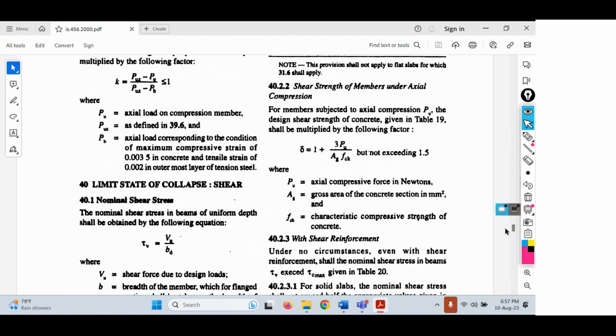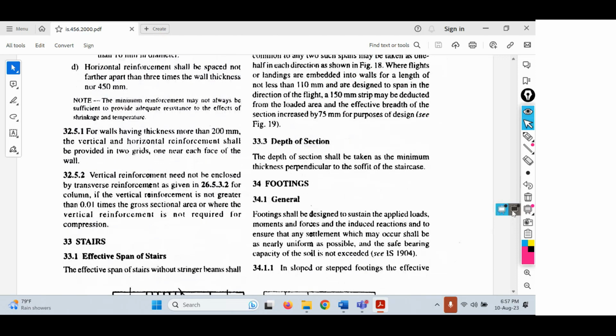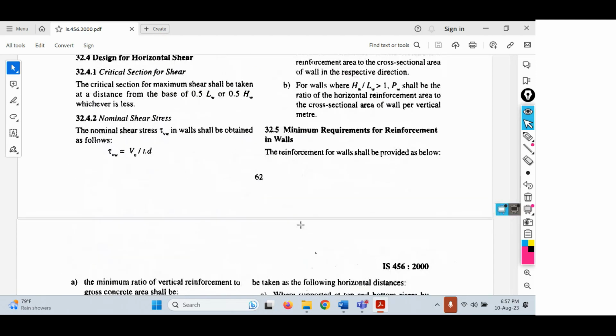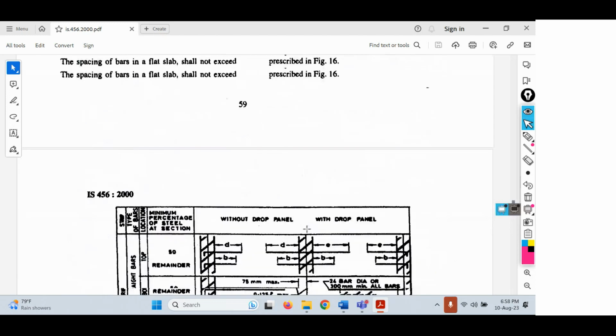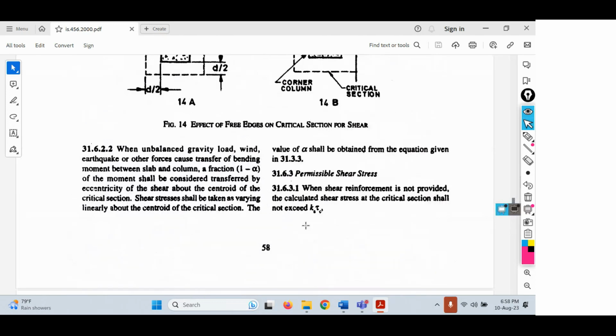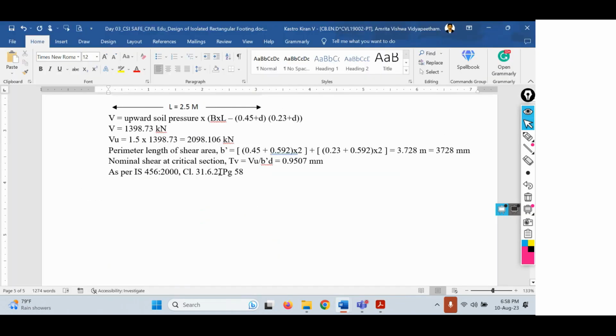Let me go to that page. Yes, 31.6.3, permissible shear stress, tau c value. Page number 58.